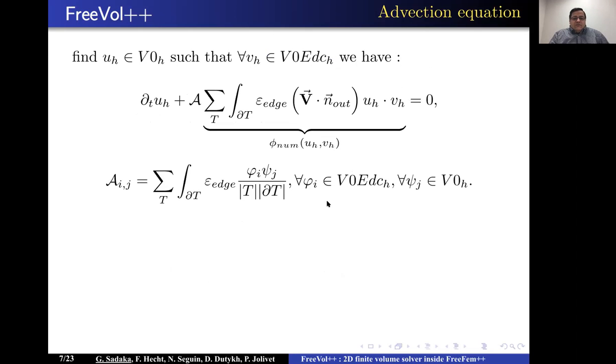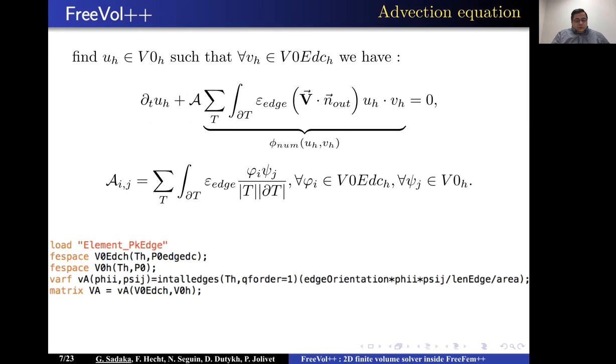So the variational formulation here, we multiplied just the flux by VH, and we build the matrix AEG with phi I in P0 HDC, and the test function is in P0. And how to write this in FreeFEM?